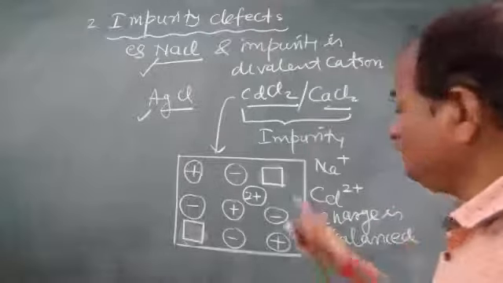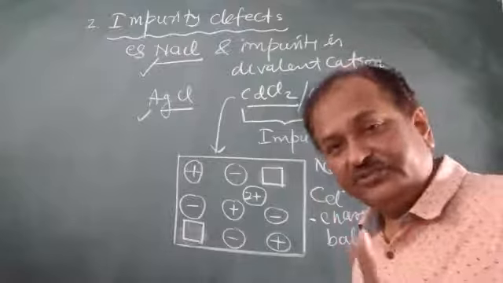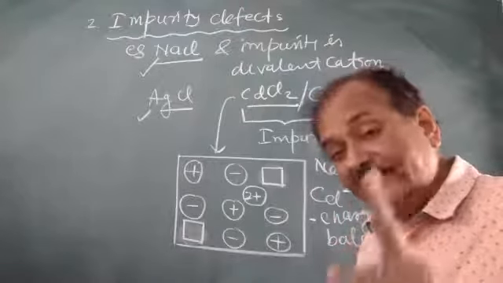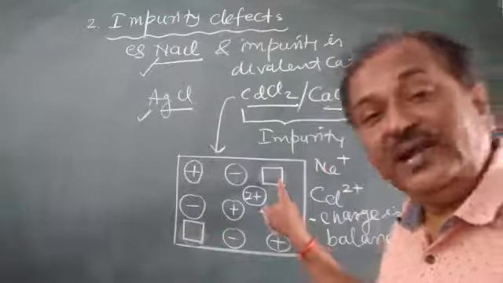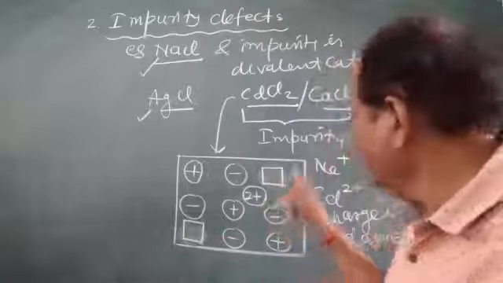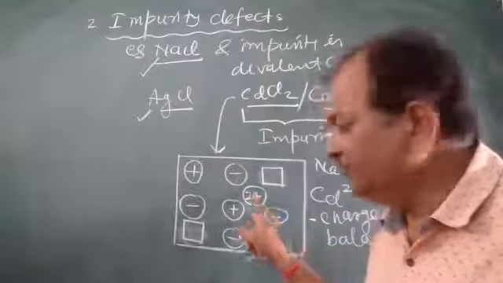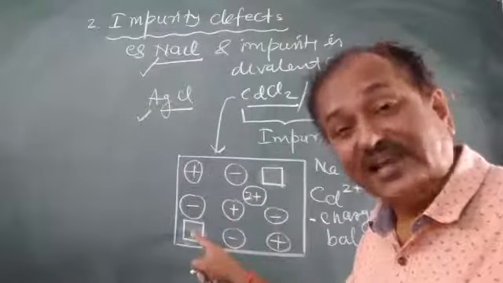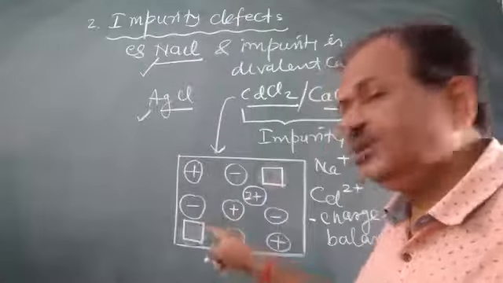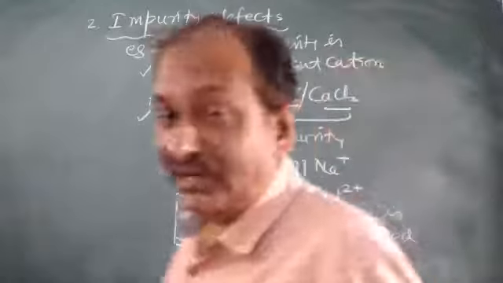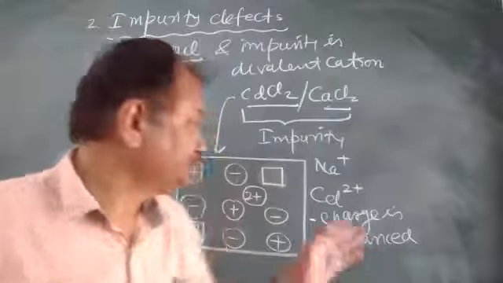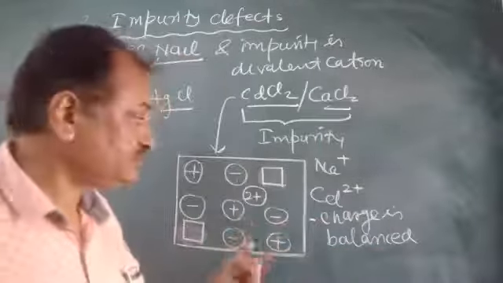How is the charge balanced? Because sodium has +1, so 1 and 1, 2 have been lost from the lattice position, and in place, 1 is either in an interstitial position, or it depends on the size. It can occupy either way, either at the original lattice point or in the interstitial position.